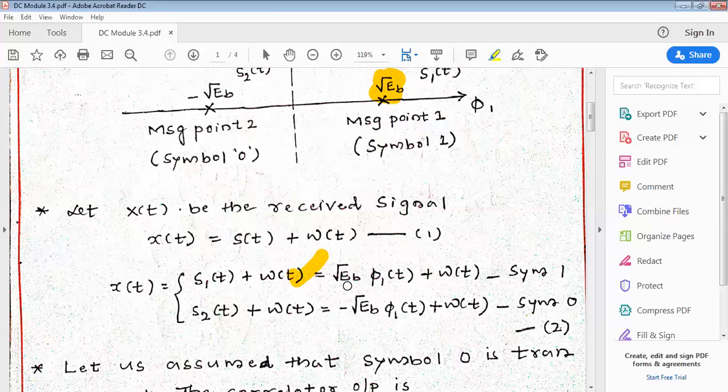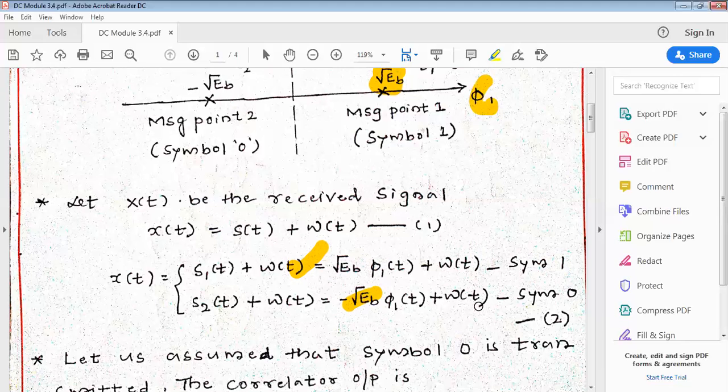Plus this noise part, that is W of t. This is for symbol 1. Similarly for symbol 0, the received signal x of t is the sum of s2 of t plus W of t, and s2 of t is nothing but minus square root of Eb multiplied by phi1 of t, plus W of t.